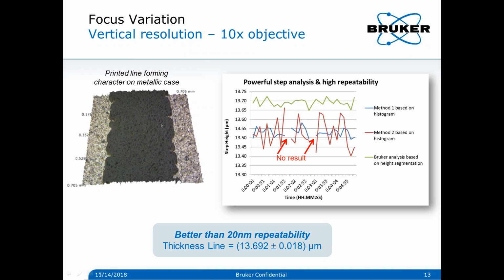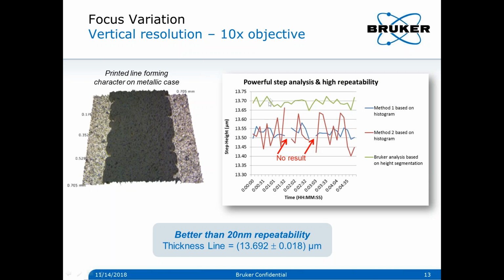So you see there is a quite significant light difference between the dark line and the case, which is brighter. And what I want to point out here is the system has analysis capabilities, such that automatically we can extract the step height on average and work out, for instance, the dispersions. If you don't have the right method to extract the height, and use more standard methods, you may see higher fluctuations, or you may not even see some measurements here.